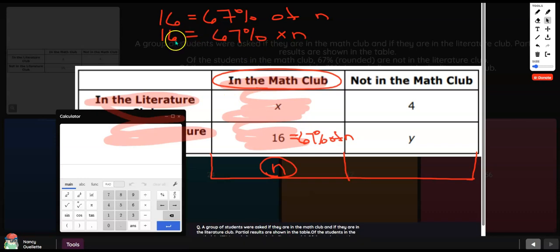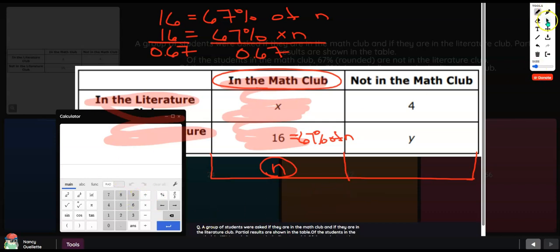So if 16 equals 67% times N, then if we divide both sides by 67%, or by 0.67, we will find out what the total number of students in the math club is.